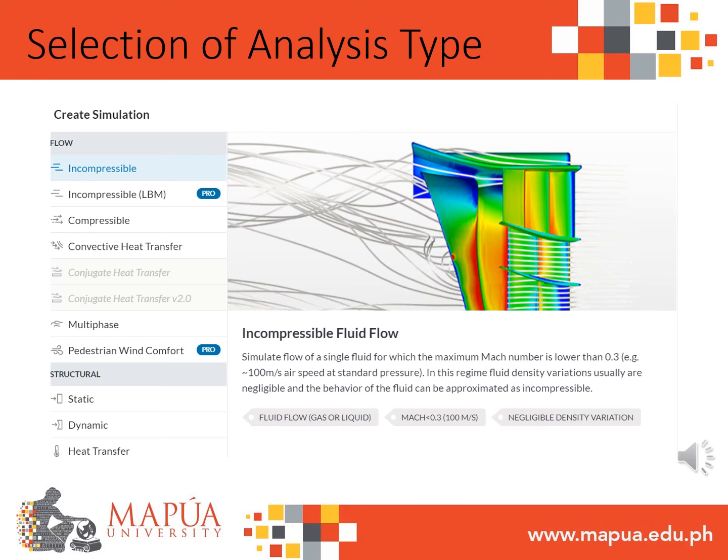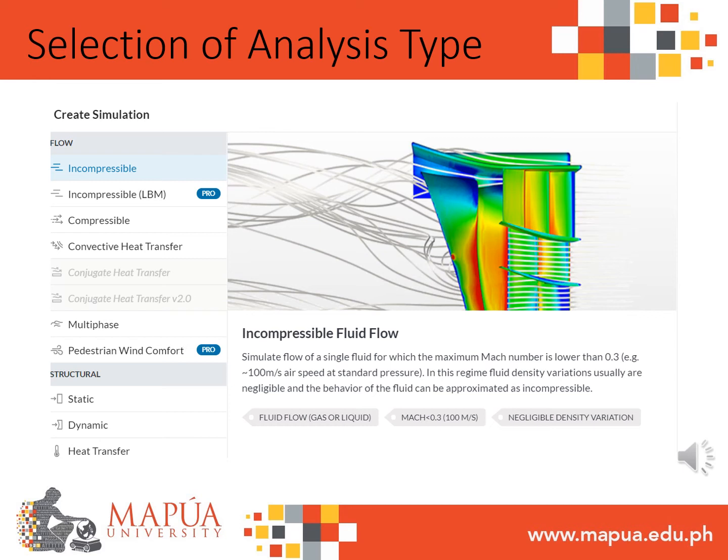After we set up our domain, we will now select what kind of analysis we want. In SimScale Workbench, we can either choose flow or structural. In our case, we will select the incompressible fluid flow.